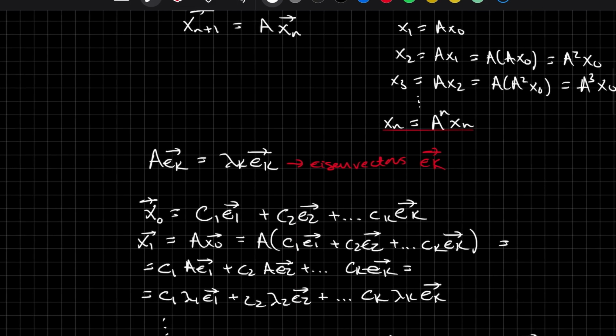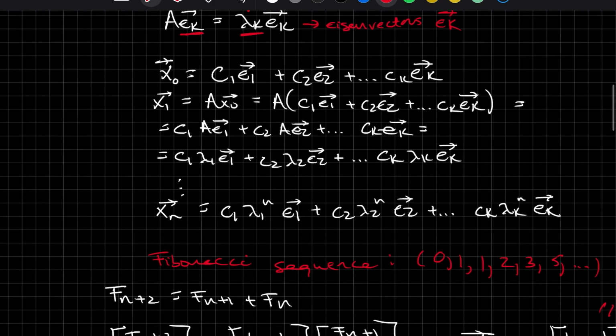Just to remind you, an eigenvector is a vector that when multiplied by a matrix gives a multiple of that vector. In this case, when we multiply ek by A, we get ek times some constant lambda k. This constant is called the eigenvalue. The eigenvalue lambda k corresponds to the eigenvector ek.